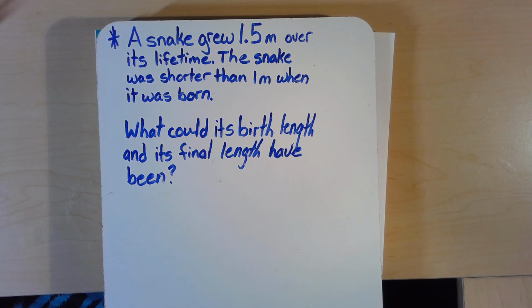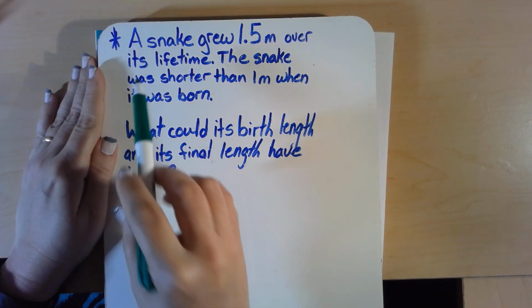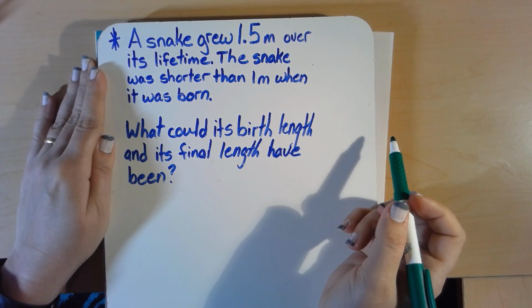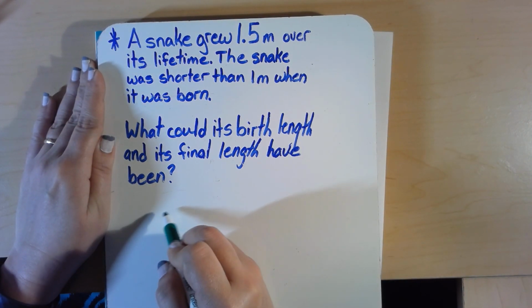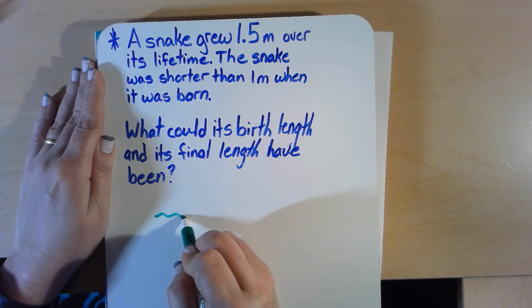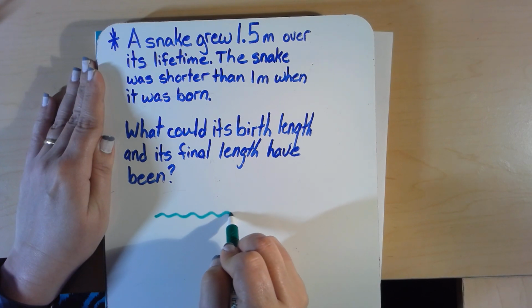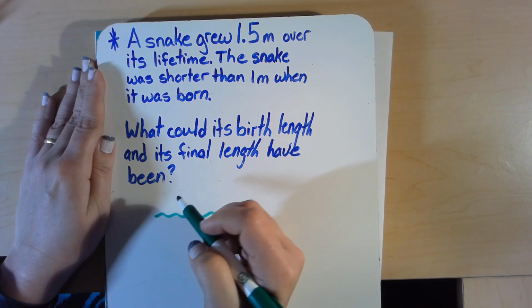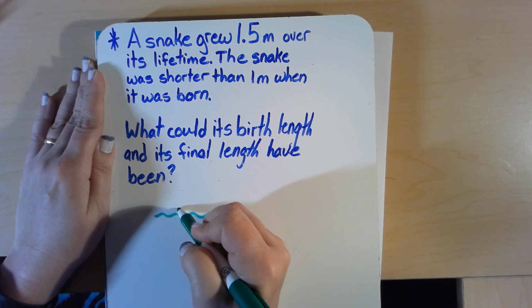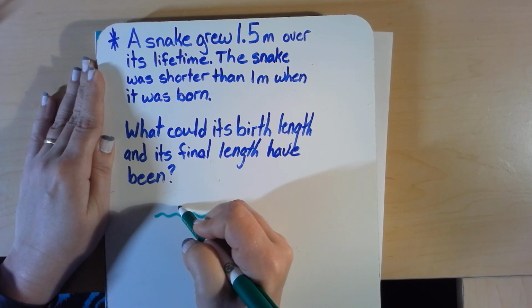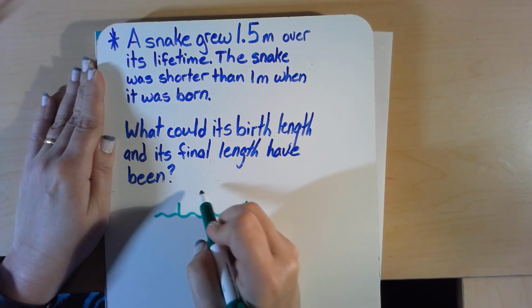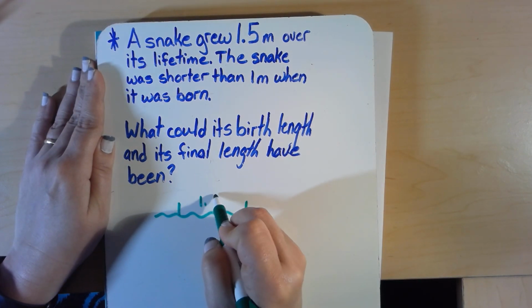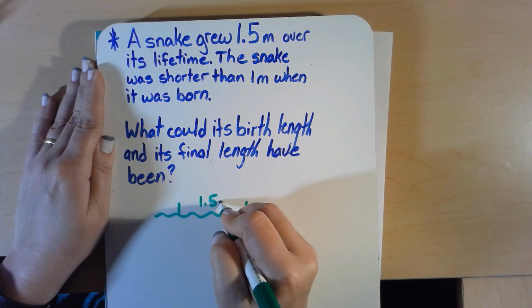So, I go back. What do I know? A snake grew 1.5 meters over its lifetime. So if I had a little snake, at birth it was a certain length, and then over its lifetime it grew 1.5 meters.